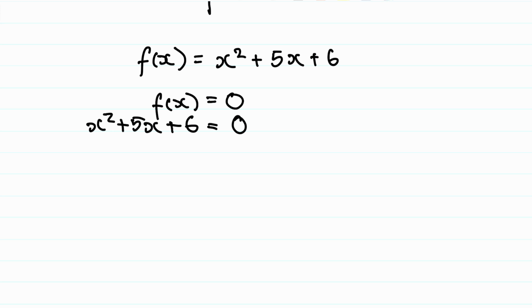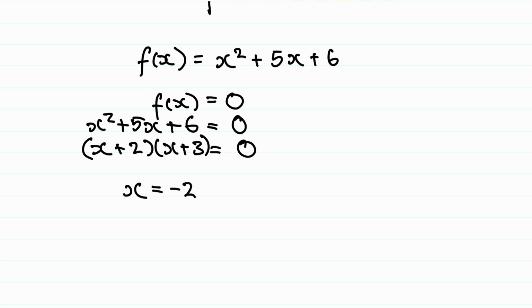So we could factorize this into x plus 2, x plus 3, as they're two things that multiply to 6 and add to 5. And you should be able to see then we would have two roots of x is minus 2 and x is minus 3.